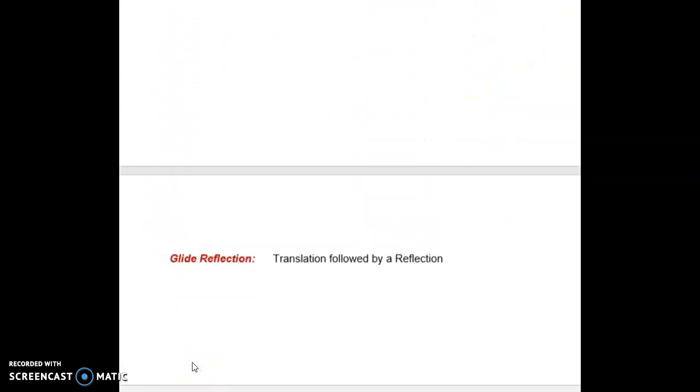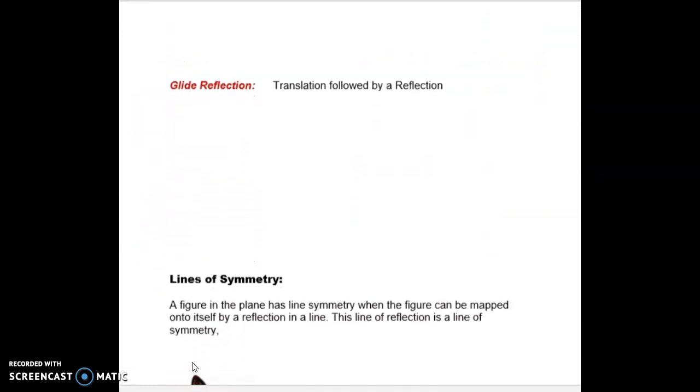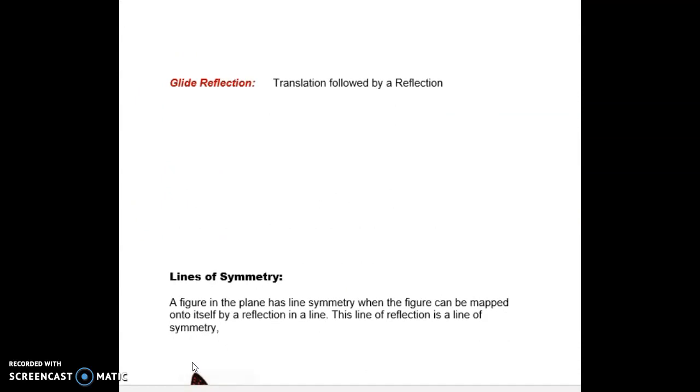When we are talking about reflection, there are two other things that we need to talk about. One is called glide reflection. Glide reflection means translation followed by a reflection. So let's say our pre-image is AB.